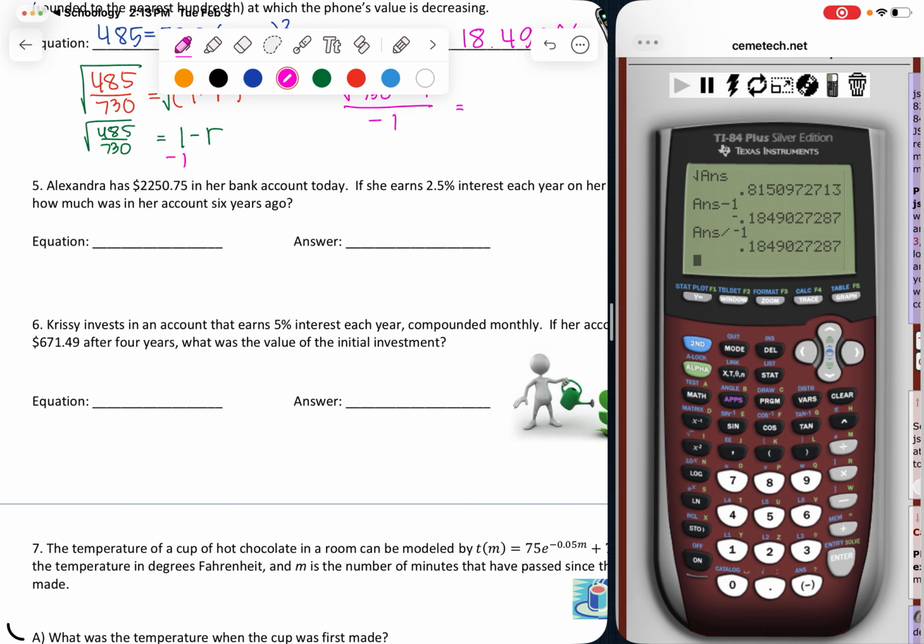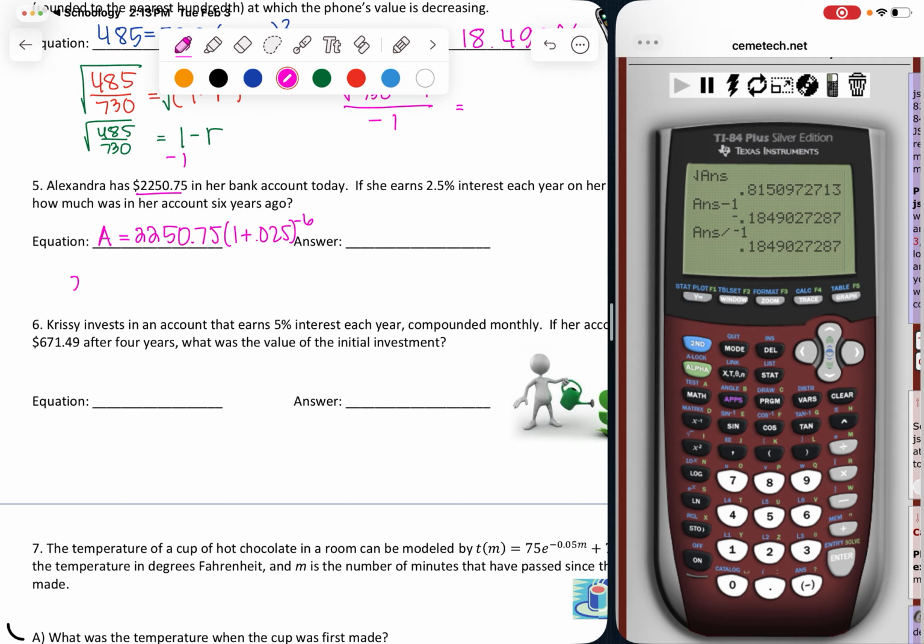So 6 years ago, you can look as T is negative 6, and you can say that this is her current amount, right? So you can say A equals 2250.75 times 1 she was earning, so that's plus 0.025, and then 6 years ago is negative 6. So that's one way of doing it.